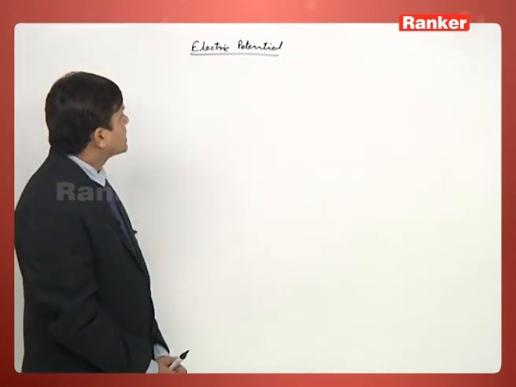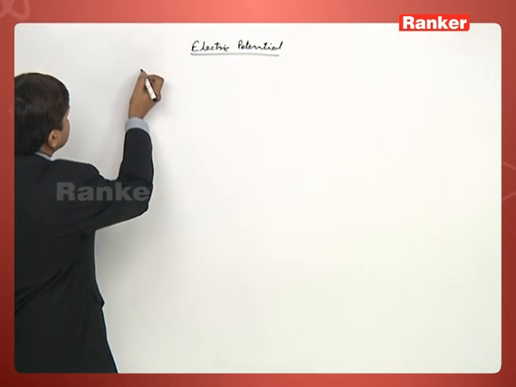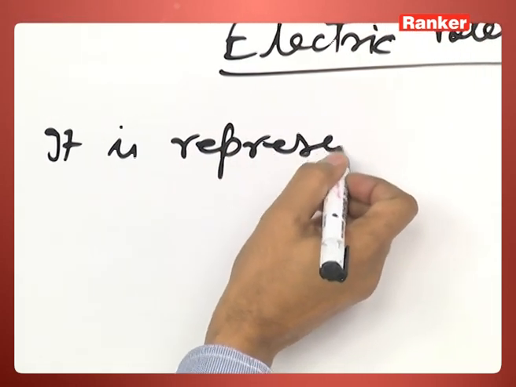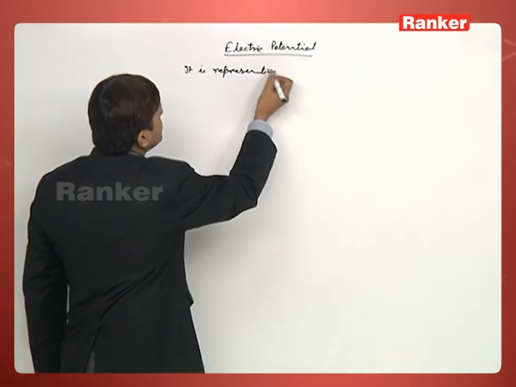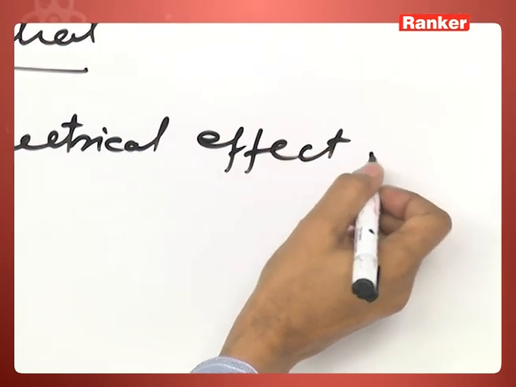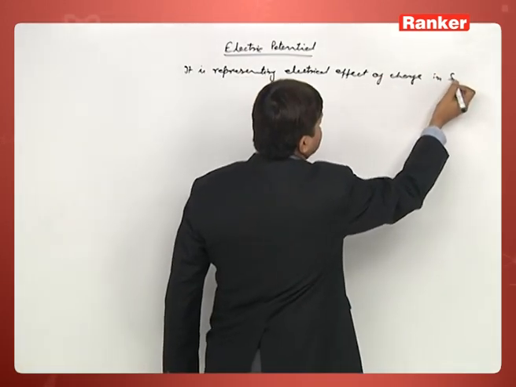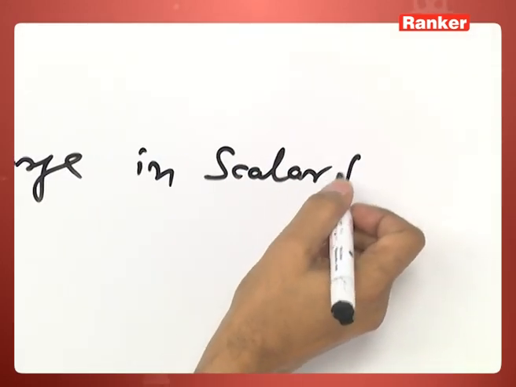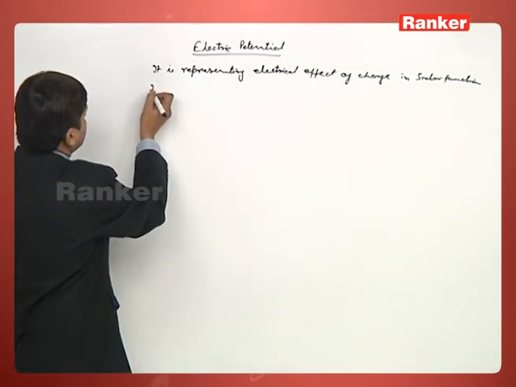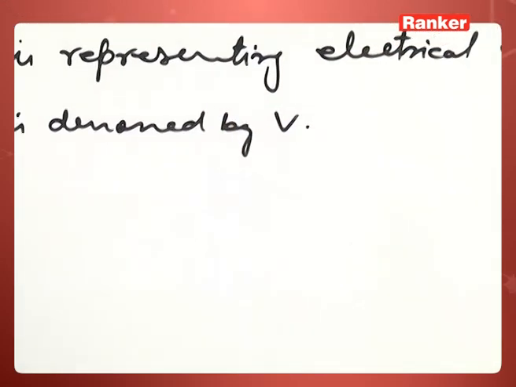So we can write about electric potential, it is representing electrical effect of a charge in scalar function, and it is denoted by V. So how are we defining it?